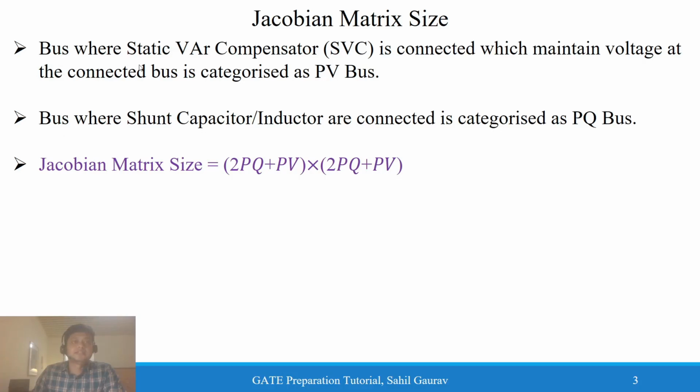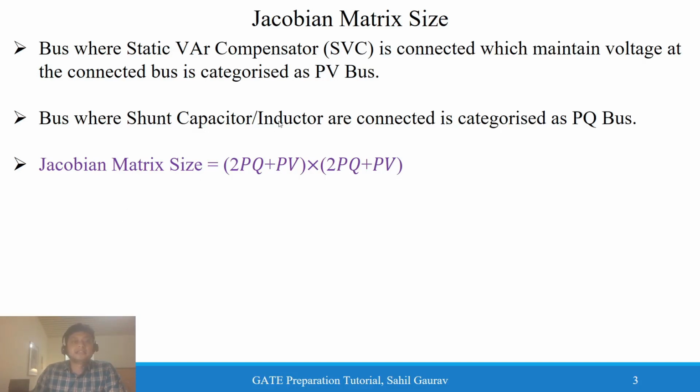If at any bus a static var compensator is connected, then you have to consider that bus as a PV bus. And if a bus is given where a shunt capacitor or inductor is connected, then you have to consider that as a PQ bus.